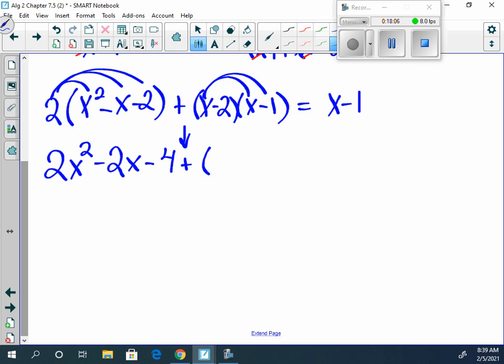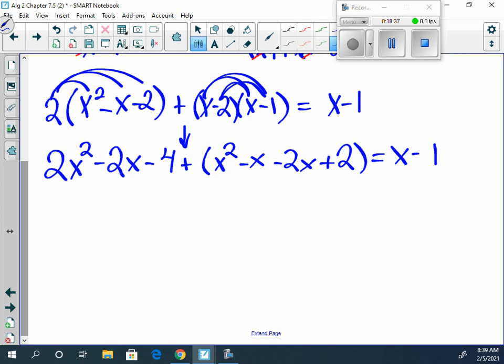So we can distribute the x first. X times x is x squared. X times negative 1 would be negative x. You're ahead. You're good. But now negative 2 times x would be negative 2x. You're one step ahead of me. Negative 2 times negative 1, and negative and negative would make a 2.